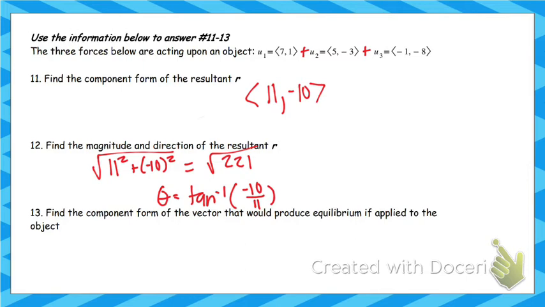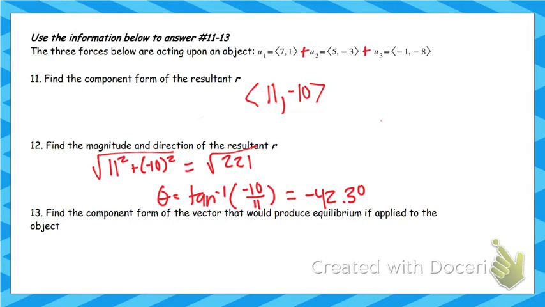And then we do not need to add 180 in this case because this is going to be in quadrant 4. The x is positive. If x is positive, we can leave it how it is. This is going to be a -42.3 degree angle. Again, if you drew this out, if I went over 11 and down 10, that looks like it's about a -40 degree angle. Okay, so my answer makes sense here.